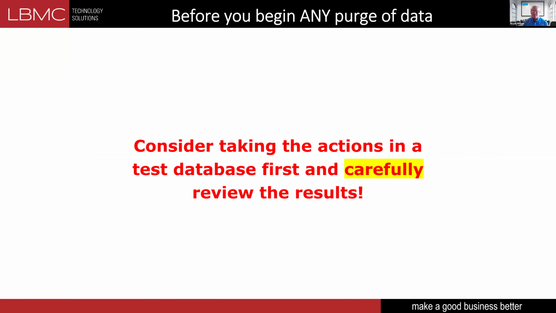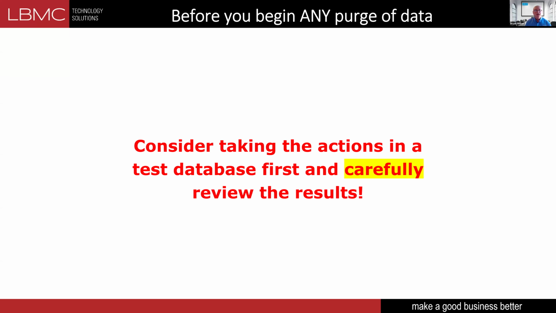Once you do that, we also recommend that you do these things in a test database, which is a copy of your live company restored and given another name, like ABC Company test, and run some of this in that test database and carefully review the results. Not just, oh, the utility ran, it must have worked okay. You want to make sure you're removing things that you want to and not removing things that you don't want to.